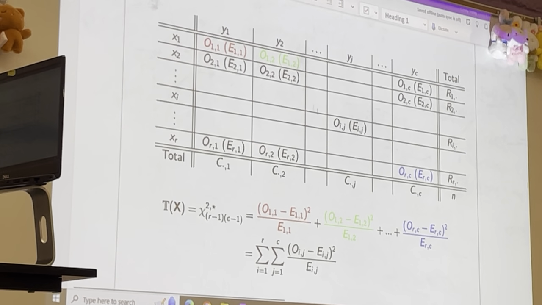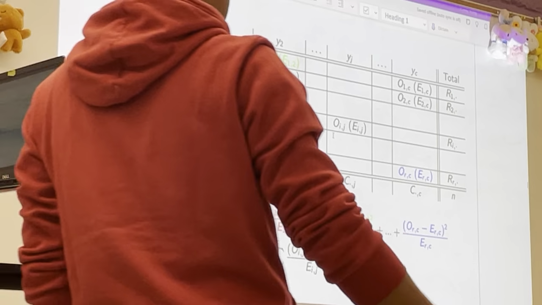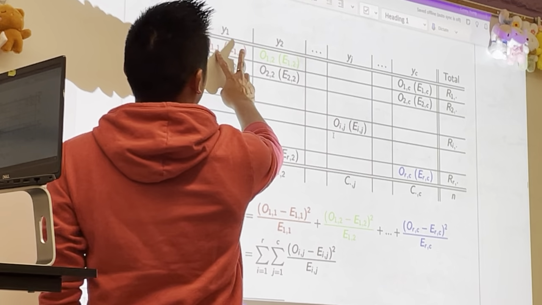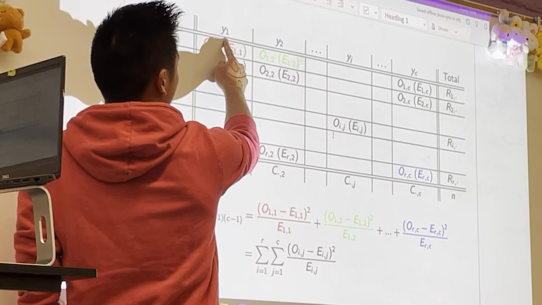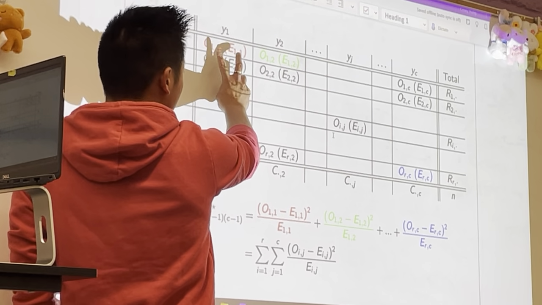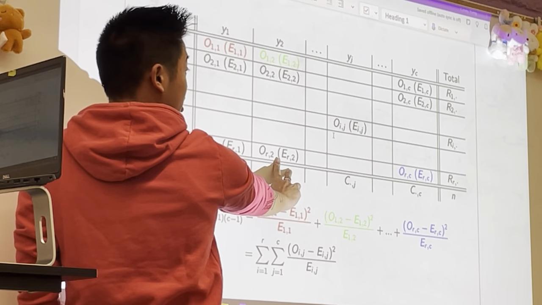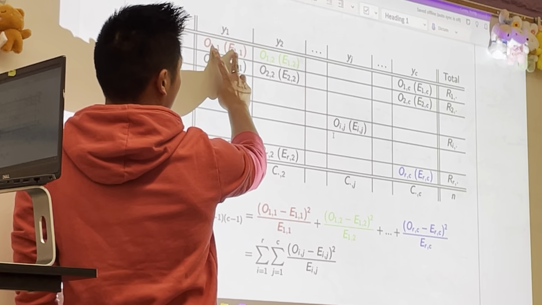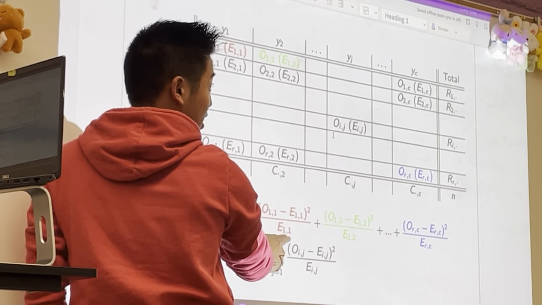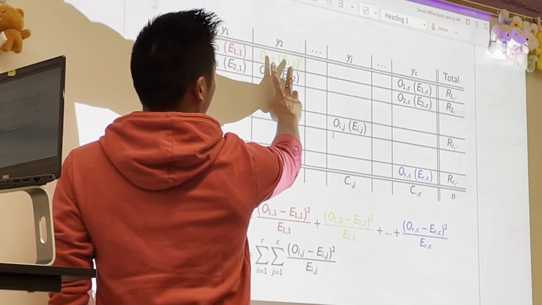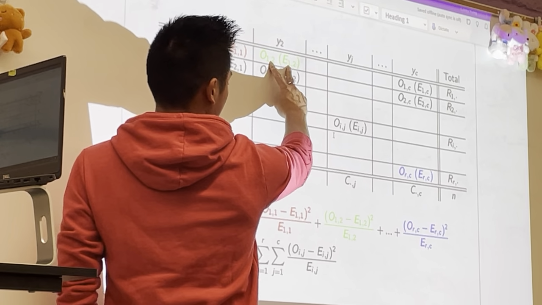Once you find the expected value with their corresponding observed value, so notice I'm not saying that these are multiplied, I'm just saying that here's the observed value in this cell and this is the corresponding expected value. So once you find the expected value for all these cells, you just take those values, you subtract them, square, and divide by the expected value. Right here, this is the observed, this is the expected.